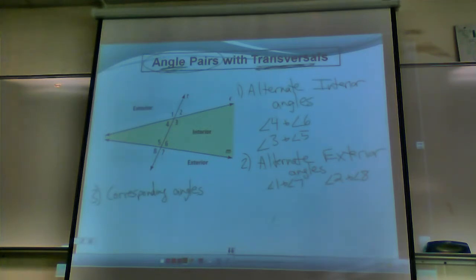For this one, you have to look at each intersection point and decide. If you want to think in terms of quadrants, you can do that. Like when you did the XY axis, you had quadrants 1, 2, 3, 4. It's the same idea. You want them to sit in the same quadrant.